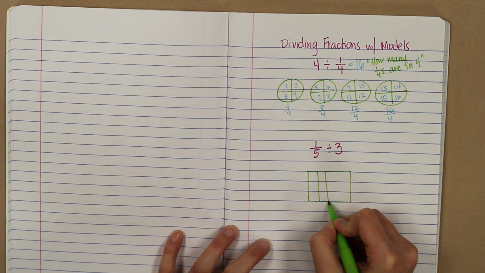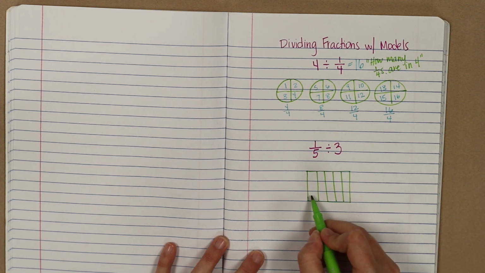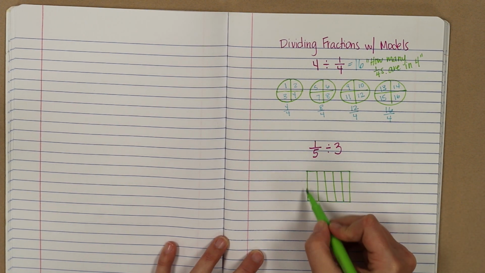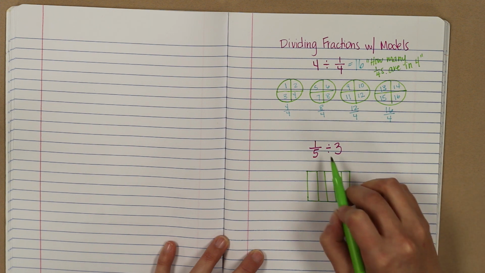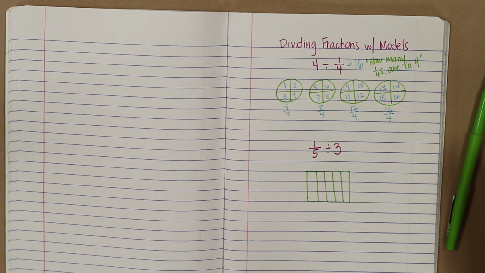1, 2, 3, 4, 5. So 1, 2, 3, 4, 5. Now, for this problem, we're only looking at one of the fifths, okay? So I'm going to take my 1/5 and I'm going to divide it into 3 equal parts.